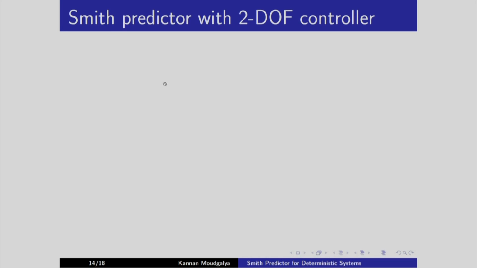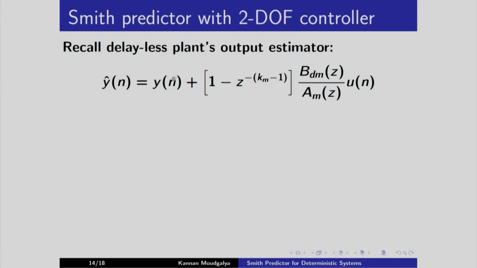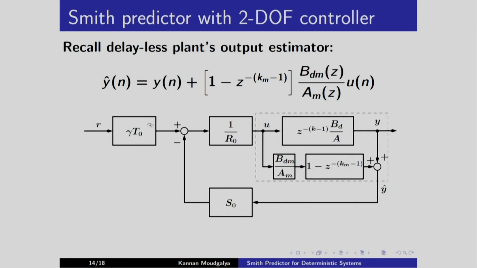Now let us see what happens to the Smith predictor with 2-DOF controller. This is the delay less plant's output as given by this estimate, and it can be written schematically as follows. So you can see that this is the original plant with BD including 1 delay and 1 less here.